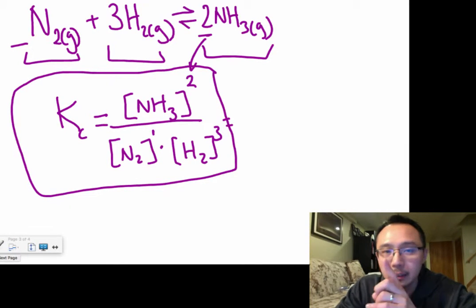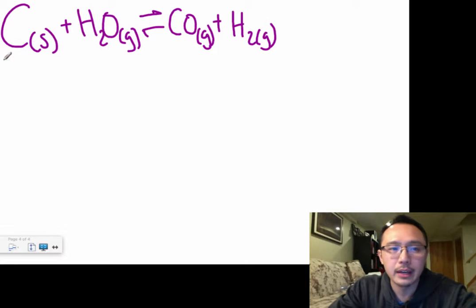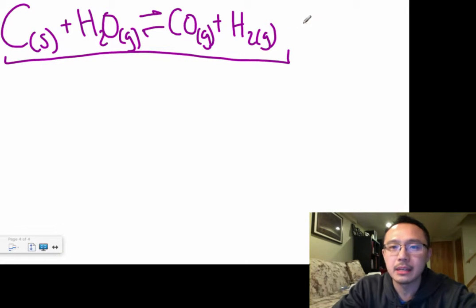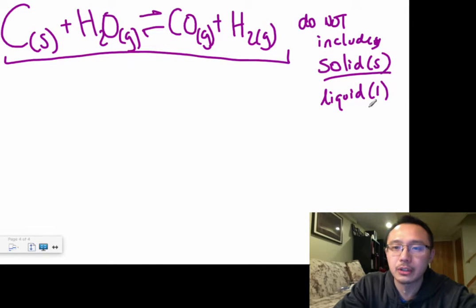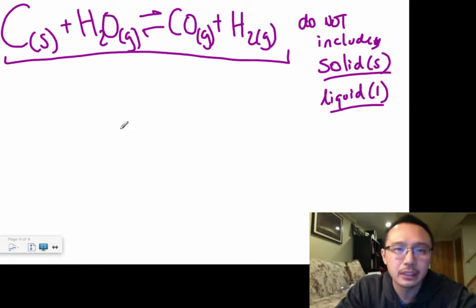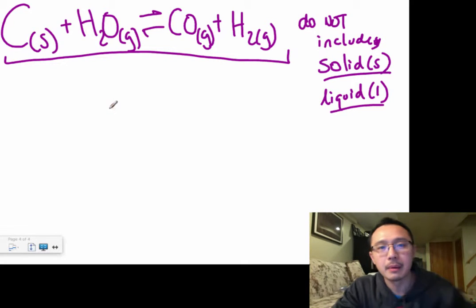However, there is a little caveat when you're writing your equilibrium constant. You do not include solid or liquid states, whenever you see an S for solid, because the concentration will not change for both of these. So you don't need to include them.